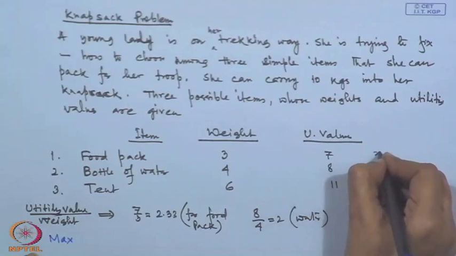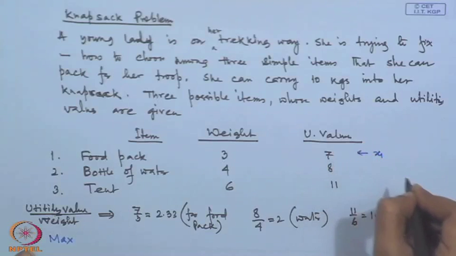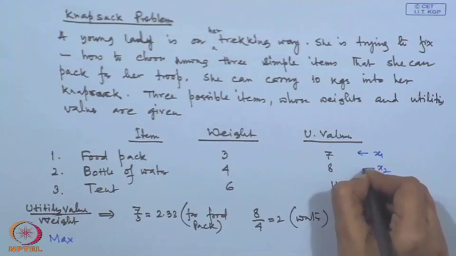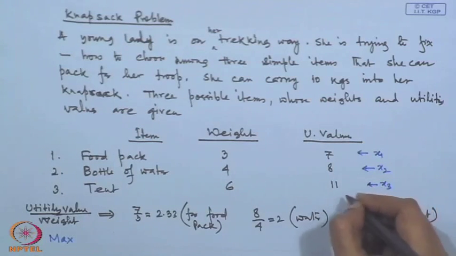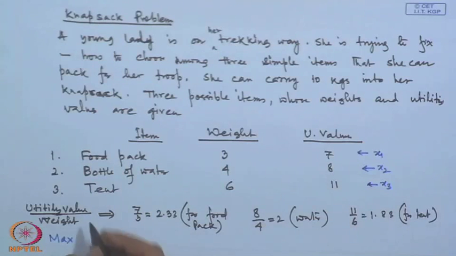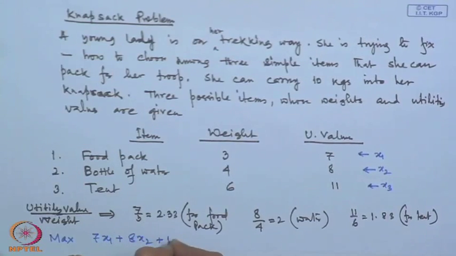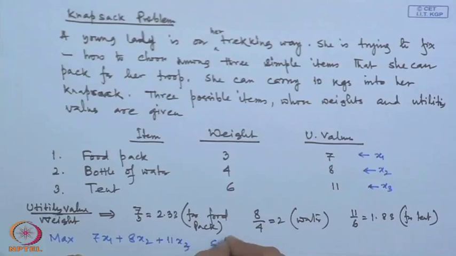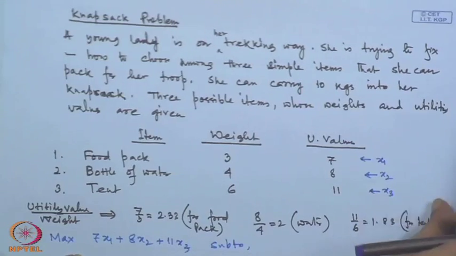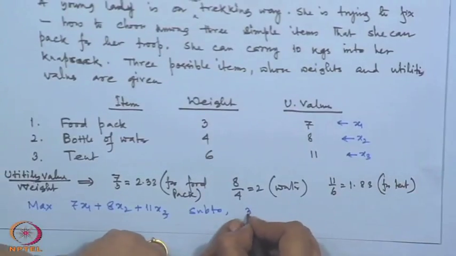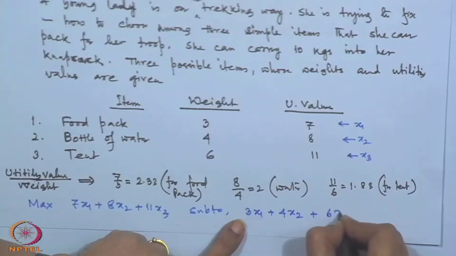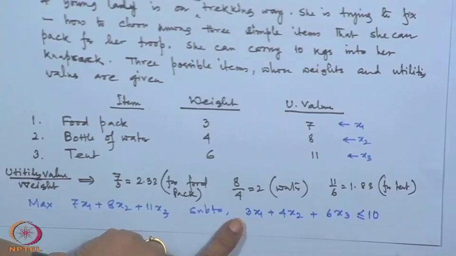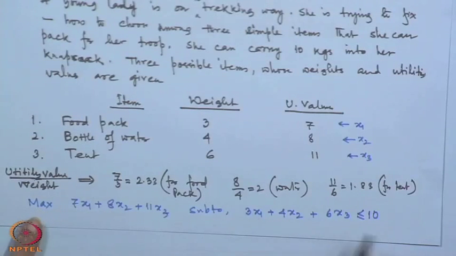If we consider x1 is the number of food packs, x2 the number of bottles of water, and x3 is the variable for the number of tents, then we can find the maximization of the total utility value 7x1 plus 8x2 plus 11x3, subject to the constraint that the total weight must be less than or equal to 10. And here x1, x2 and x3 are all integer values.